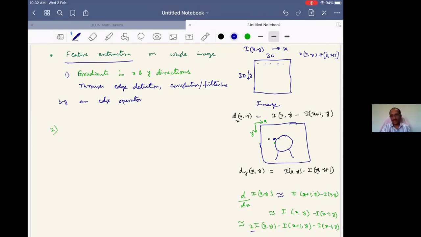Later, we will pick from this set of possible feature extractions based on the application. I may say that I don't want to use gradients, I want to use some other thing, or I want to use gradients in this application. So application-wise, we will select which feature extraction procedure we want to follow. But we would like to list here general procedures of feature extraction to get an idea of how feature extraction can be done in images.